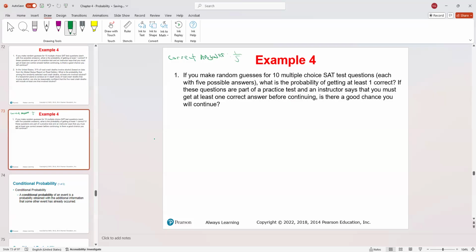So the first thing to do is, what is the probability of getting a correct answer?